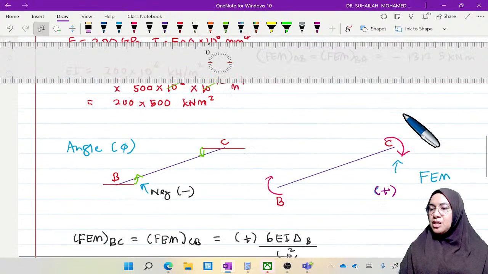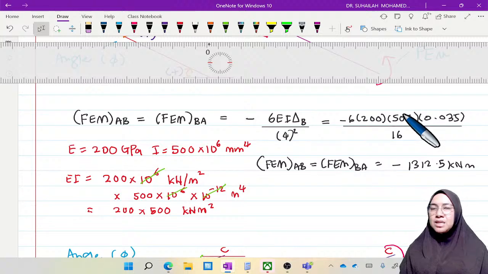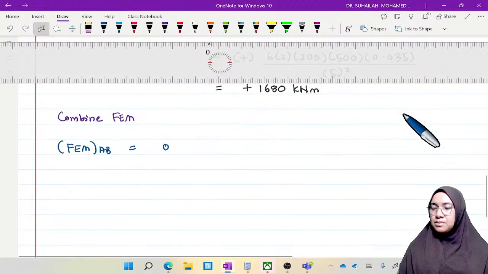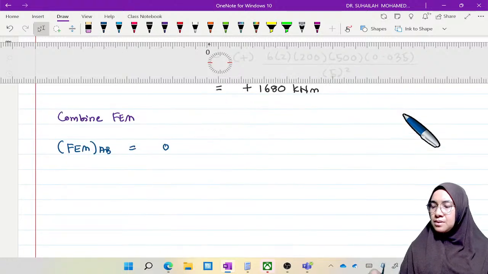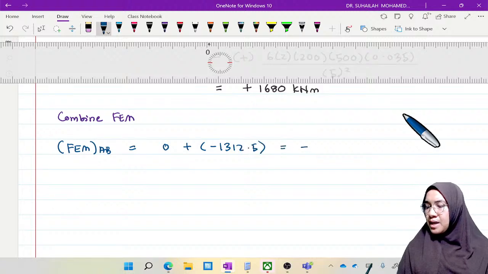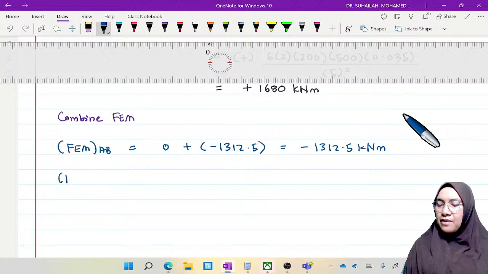FEM AB due to settlement is negative 1312.5, so we get negative 1312.5 kilonewton meter.